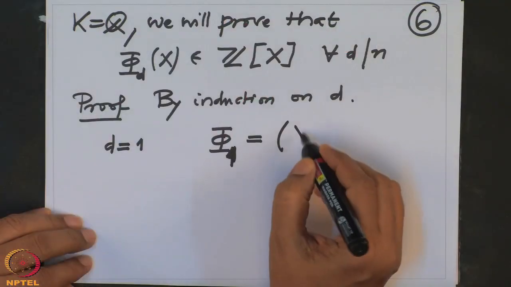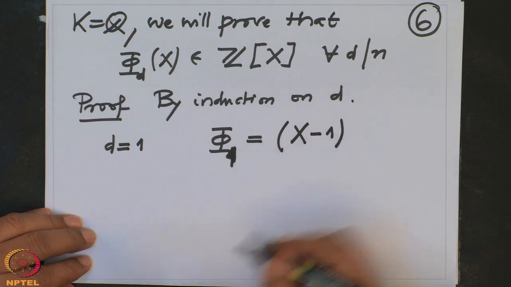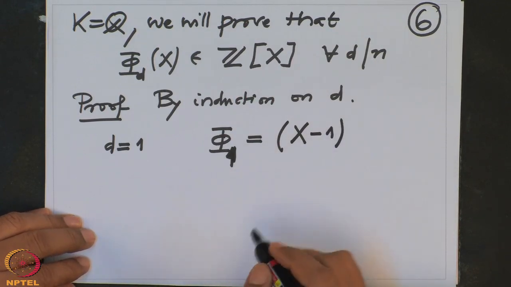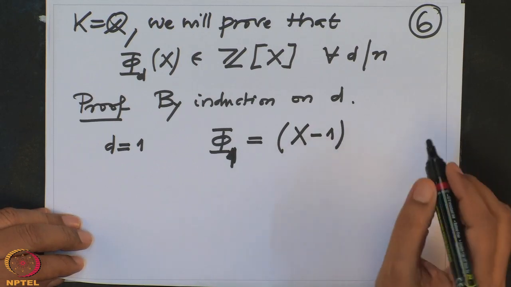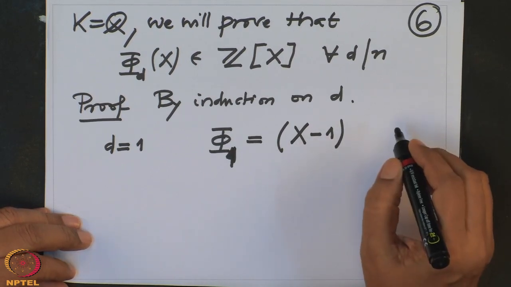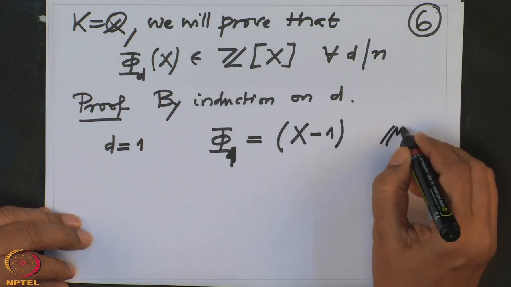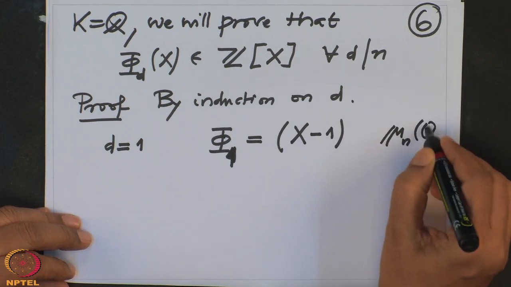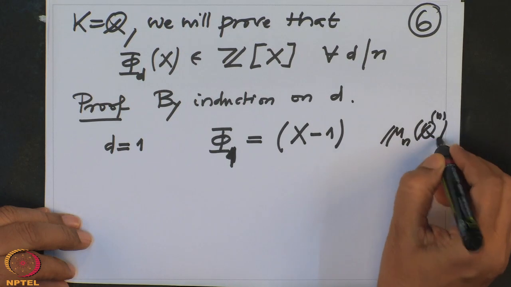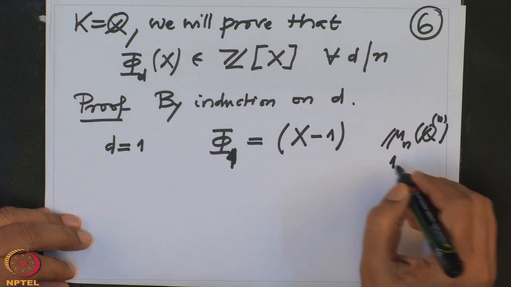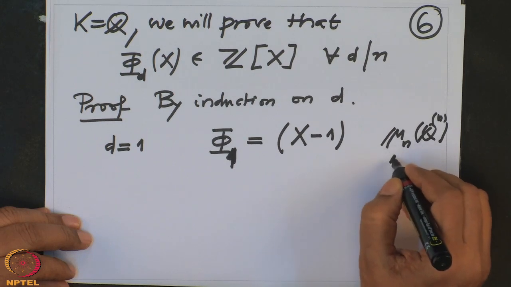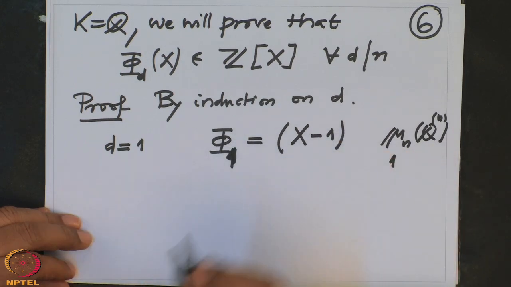So phi 1 is x minus 1, because 1 is the only element of order 1 in the group mu n of Q. So phi 1 is x minus 1.